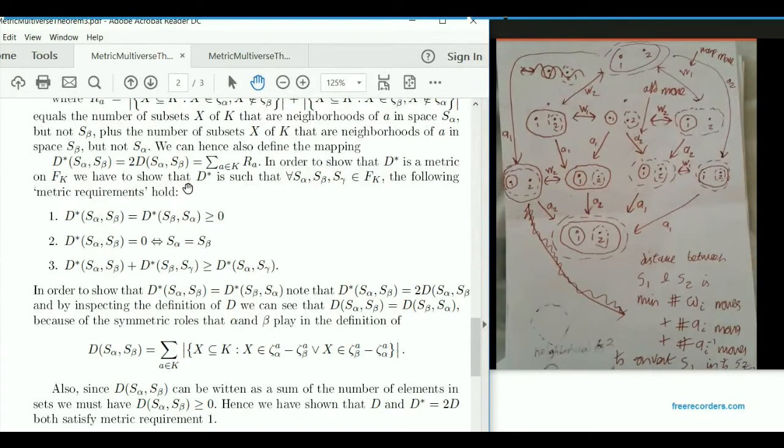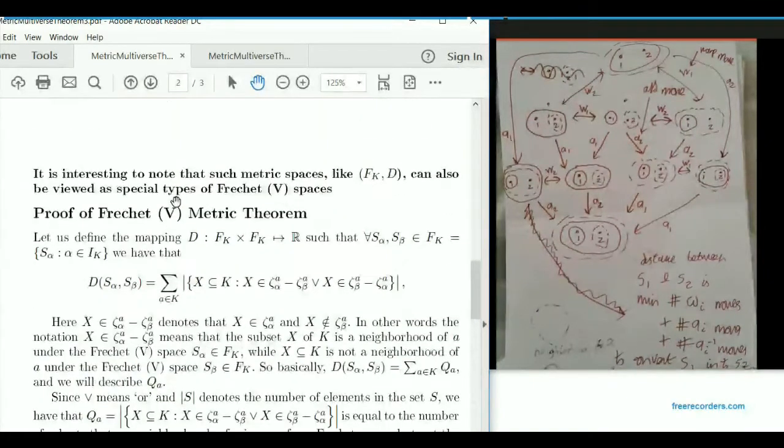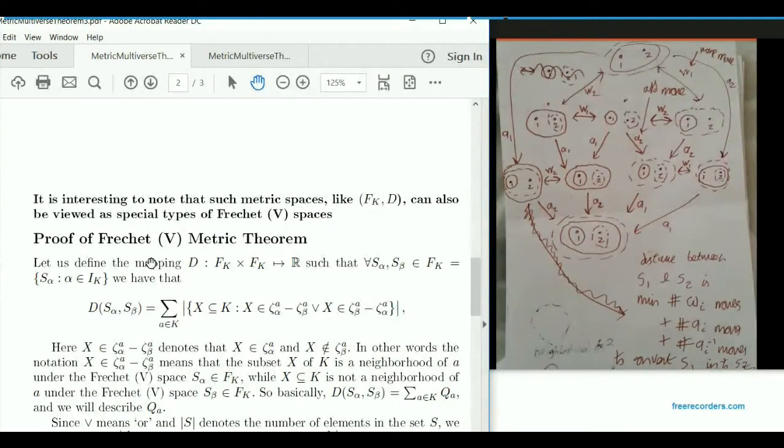Well, we want it to be non-negative, that's fine, and we want it to be symmetric. Well, we can see that our definition is symmetric from here. What this says notationally is the sum over all elements a of k of the number of x, which is a subset of k, such that either x belongs to zeta a of alpha minus a of beta, or x belongs to zeta of beta minus zeta a of beta minus zeta a of alpha, closed set, and the count of that.